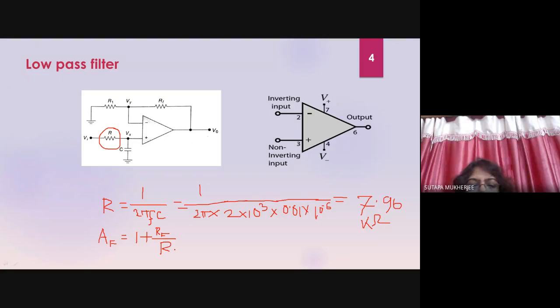Then put the value of this R. Take this as R1. Then it will be 1 plus RF, and R is 7.96.